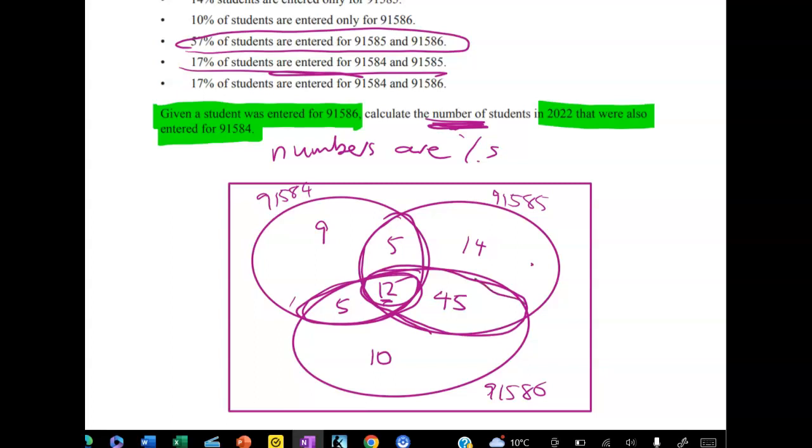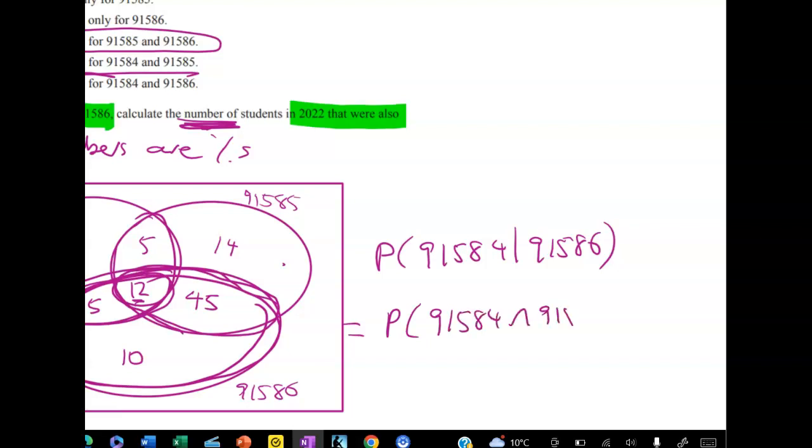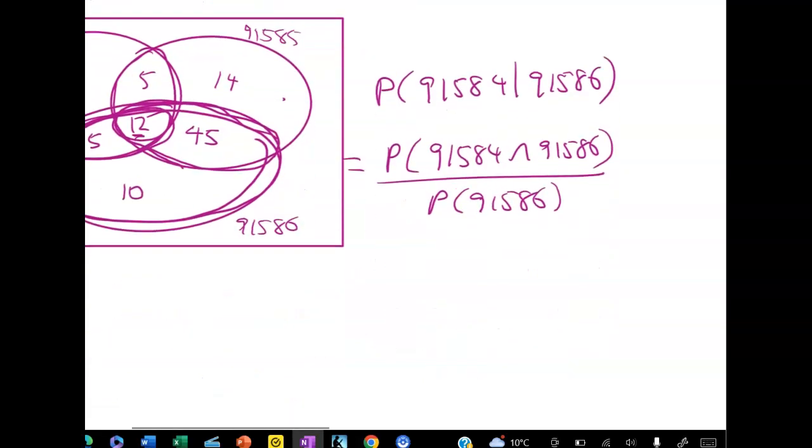Right, so for 91586, we're working this out. I'll go through this really slowly. The probability, given that they were entered for 91586, is 91584 and 91586 divided by 91586. That's just the usual conditional probability definition.